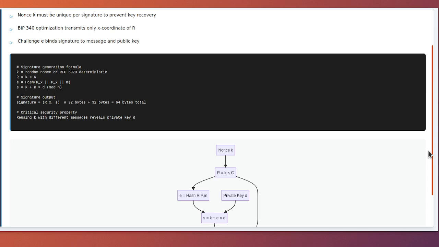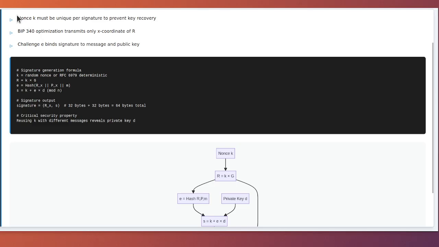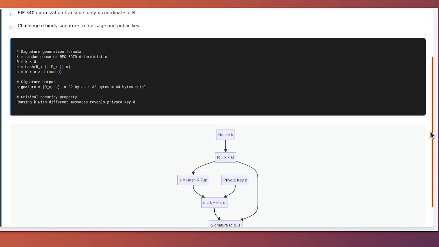explore in detail. The signature generation process begins with the signer selecting a random nonce k, which must be a uniformly random integer between 1 and n-1, where n is the order of the generator point. This nonce is absolutely critical to security. If the same nonce is ever used twice with different messages, an attacker can recover the private key through simple algebra.